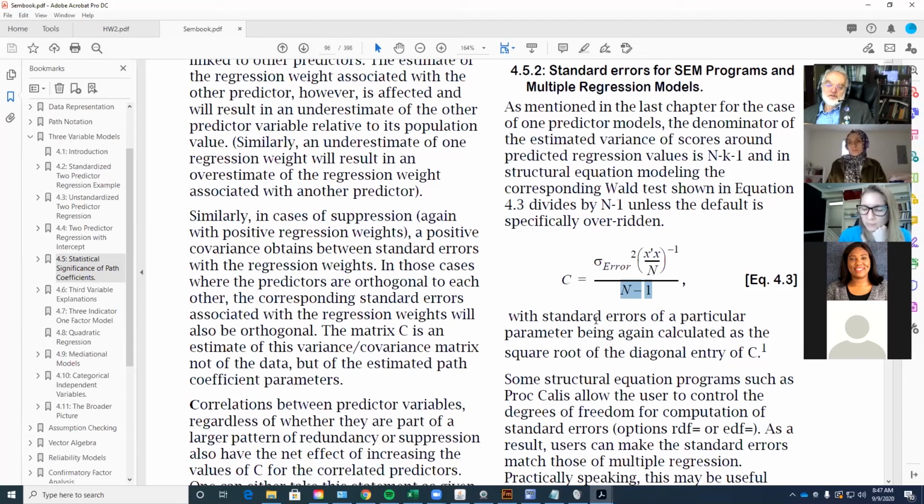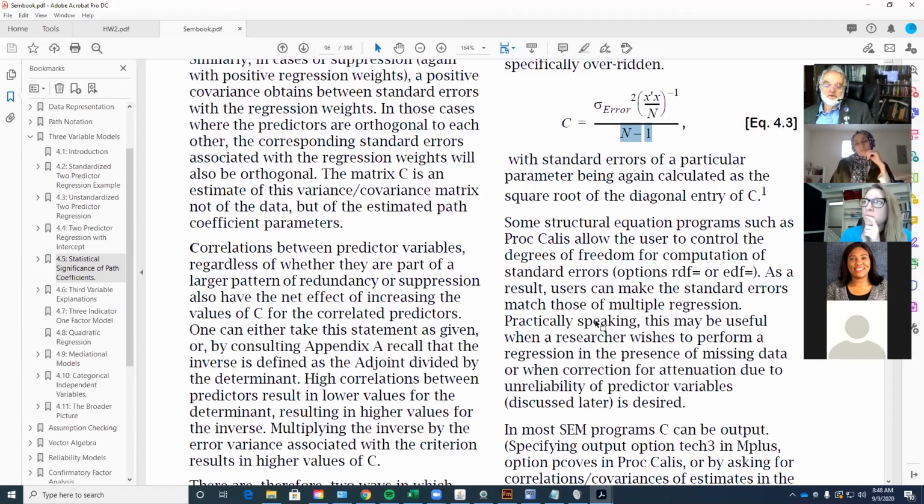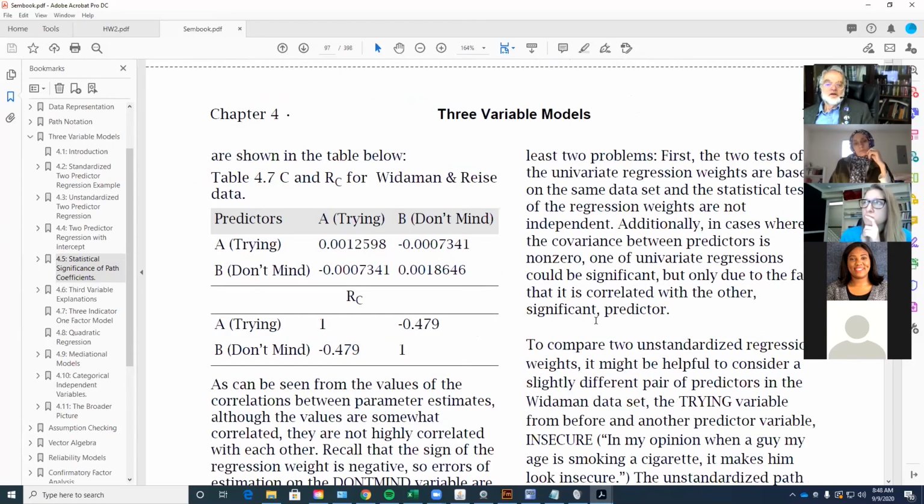Having said that, if you have a small sample size, there's a slight bias in SEM programs toward giving you statistical significance when you should not have it.